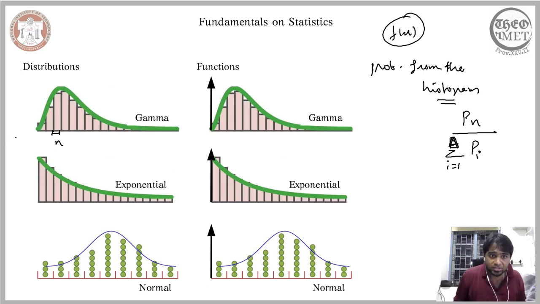In this case, it's just a population. Each of these bars in the histogram represents the population, and from the population we are calculating the probability. Now each of these bars represents probability.